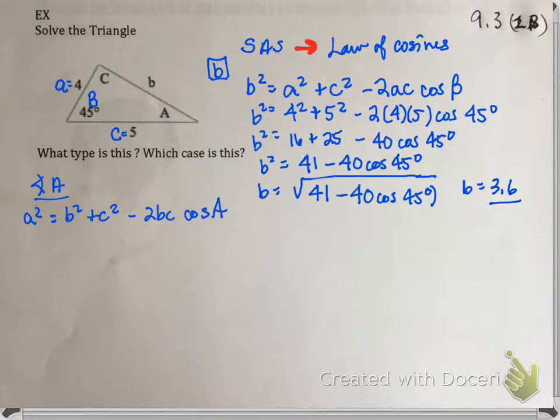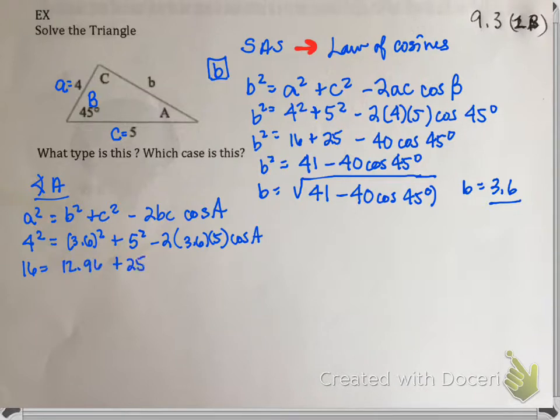All right, so I'm going to plug and chug. a is 4, so I'm taking 4 squared, which equals b, b is 3.6 squared, plus c squared, which is 5 squared, minus 2 times 3.6 times 5 cosine of angle A. All right, 4 squared is 16. 3.6 squared gives me 12.96, plus 5 squared is 25, minus 2 times 5, which is 10, and 10 times 3.6 gives me 36, cosine of A. Okay, so now I'm going to add 12.96 plus 25, which gives me 37.96 minus 36 cosine of A, and it equals 16.